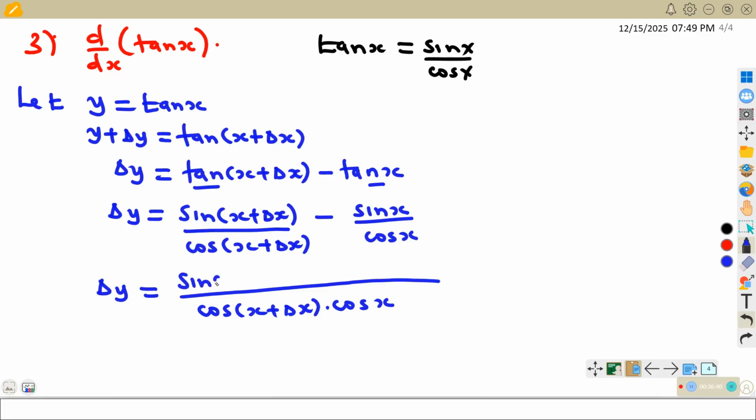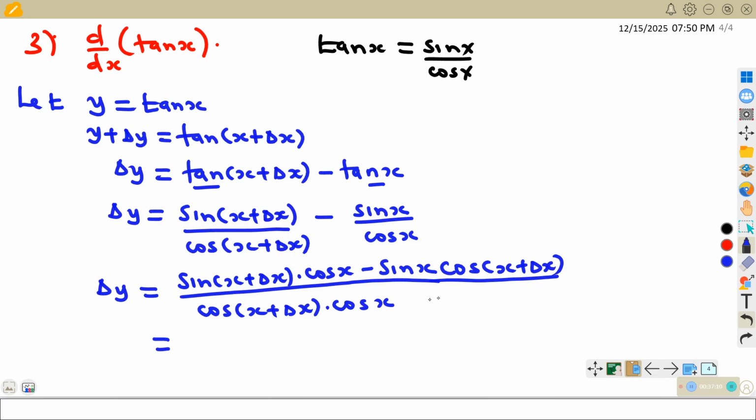This will be sine of x plus delta x times cos of x minus, when you divide the same LCM by this, you will get that, so let me have this as sine of x, which multiplies cos of x plus delta x.